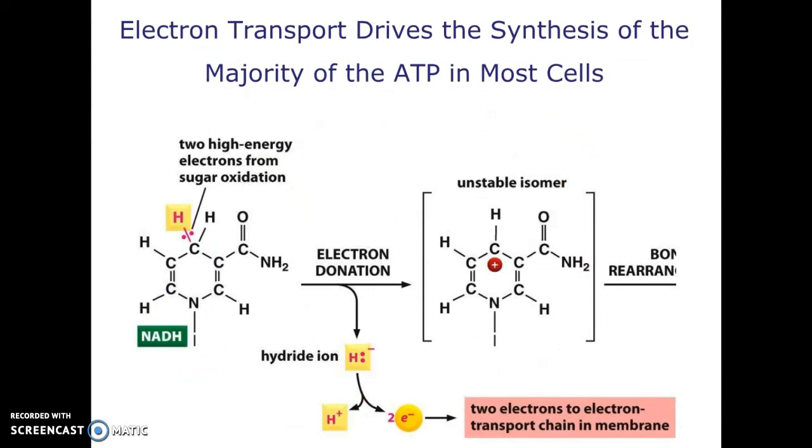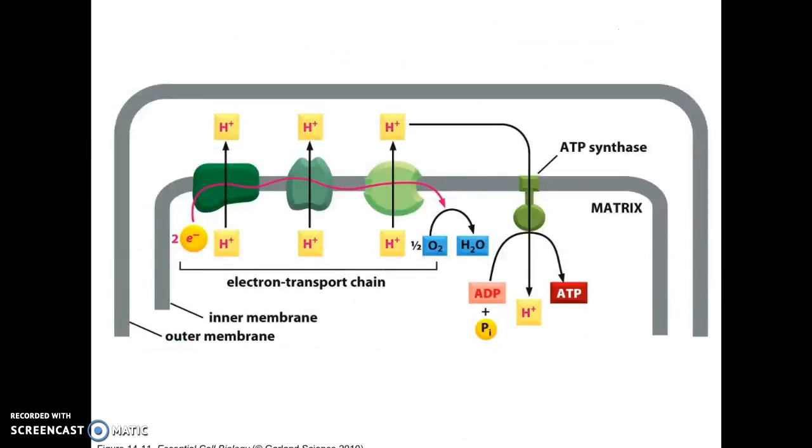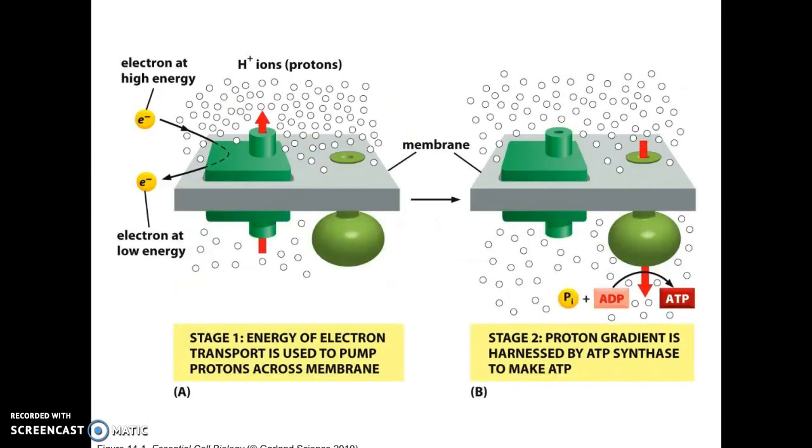In this whole process we generate NADHs. Those NADHs shuttle electrons to the electron transport chain, creating a proton gradient from the matrix into the intermembrane space. And that proton gradient is the energy that drives ATP synthase.